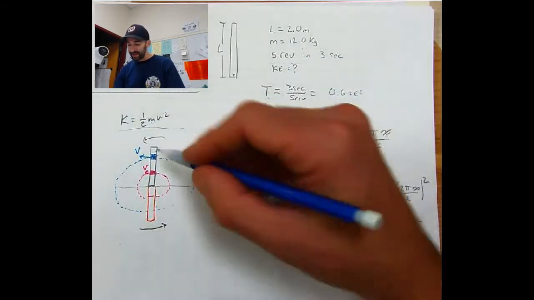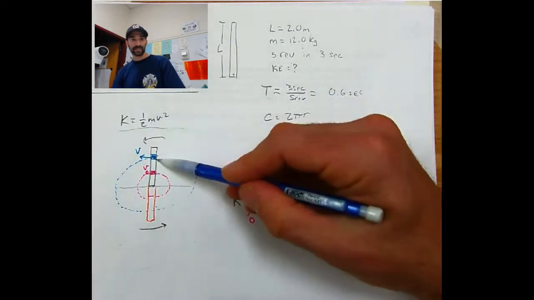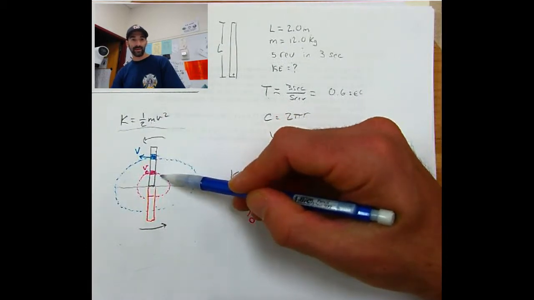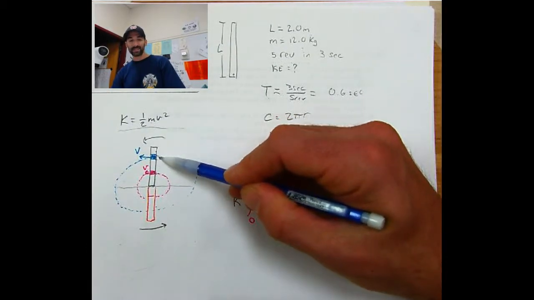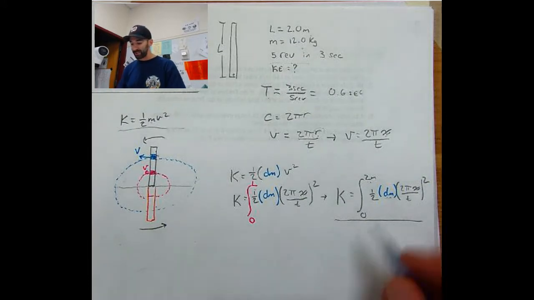Well, dm, again, is any one of these small pieces in here, right? This is a dm. That could be my dm. A very small mass inside that whole bar. So I'm going to set up a proportional relationship, a differential mass proportional relationship.